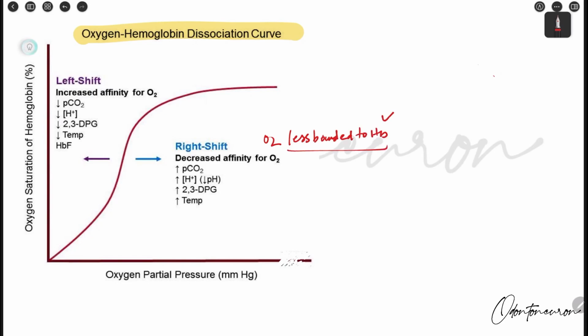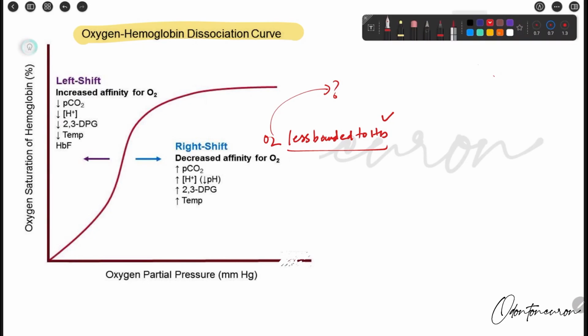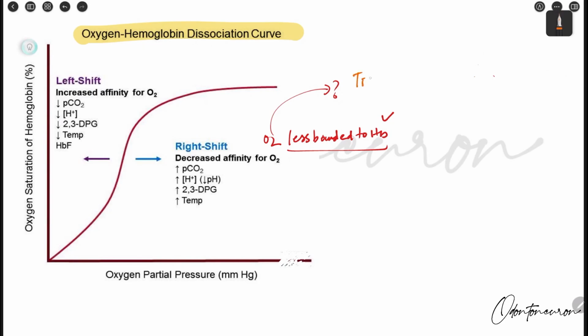Partial pressure is lower. Where will this O2 go? If it is less bound to Hb, this O2 will be taken up by the tissues. Clear? That's where your right shift happens.